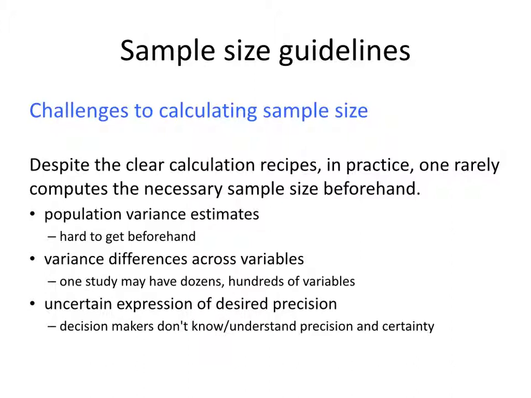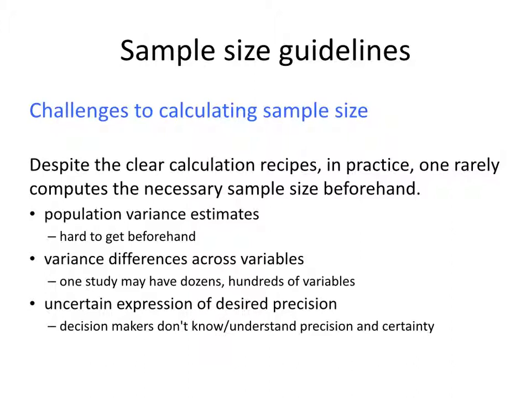And finally, these questions about certainty and precision need to be made by the researcher in conjunction with management. And managers rarely understand this well enough or can apply it well enough to their management problems to know what level of precision and certainty to rely on.